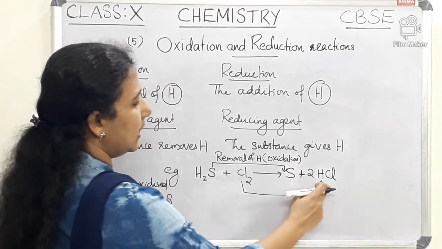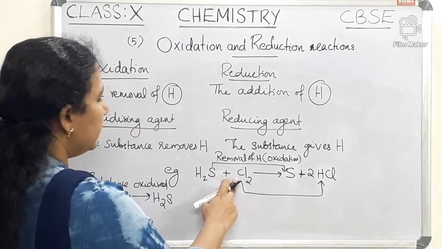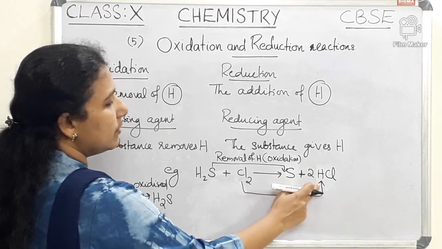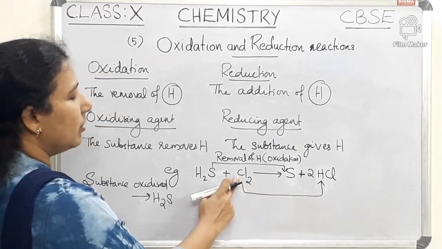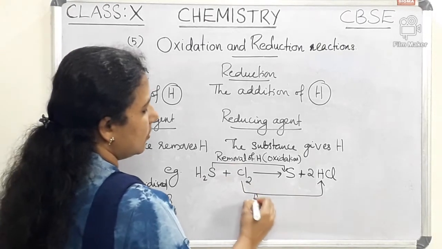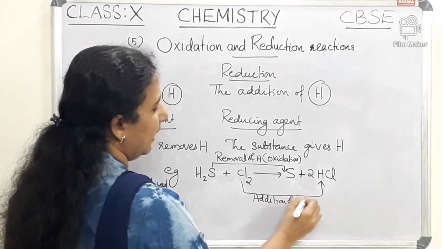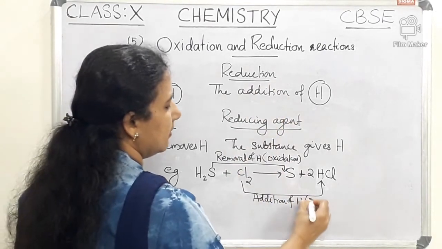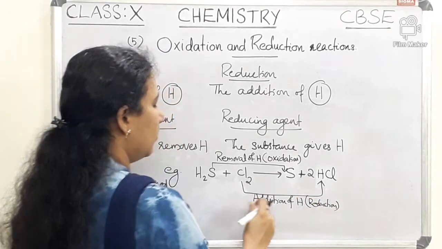Now what happens to Cl2? Cl2 changes to HCl. So here hydrogen is added to Cl2 and it changes to HCl. That means addition of hydrogen takes place here. So addition of hydrogen is called reduction.